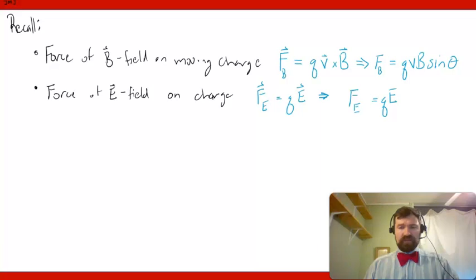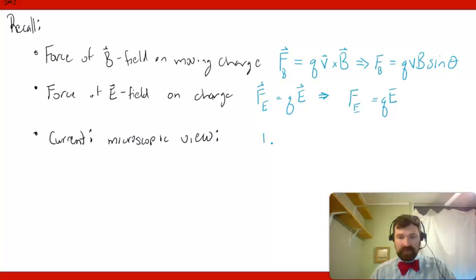There's maybe one other thing that we might recall, but that one's a little bit more complicated. That has to do with how much charge gets moved across, in the microscopic view, a current-carrying conductor.